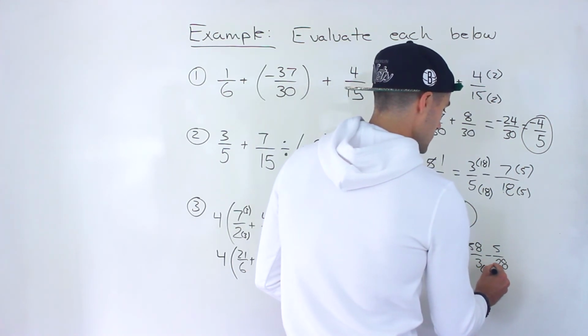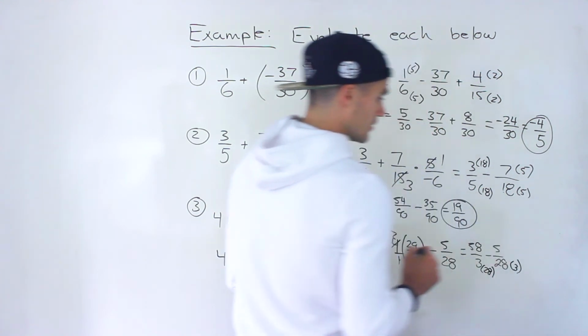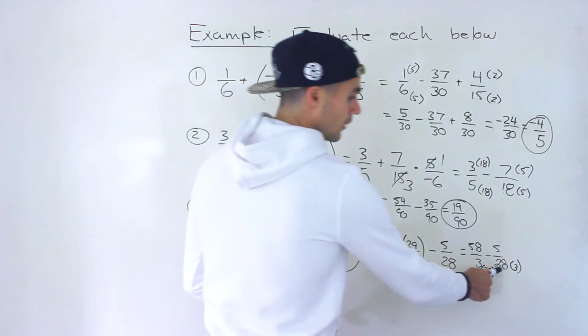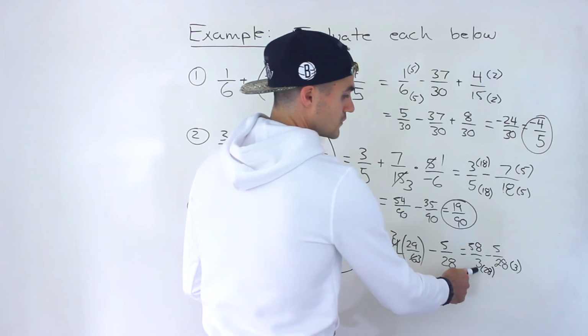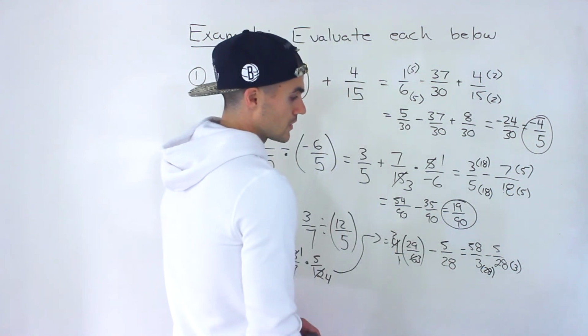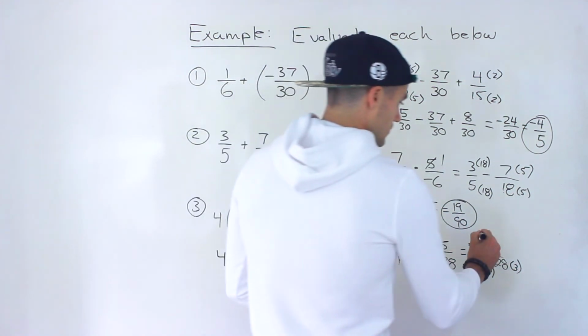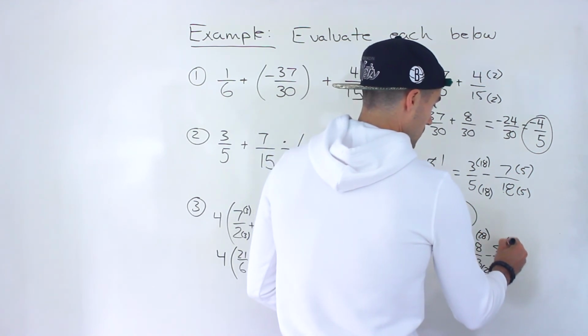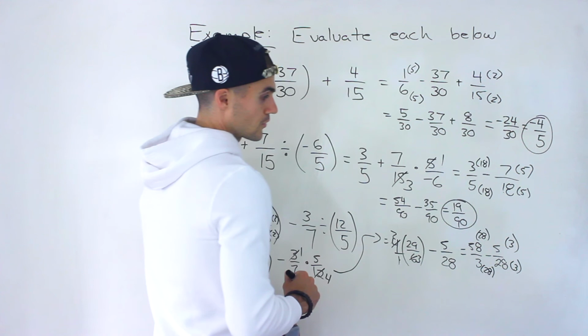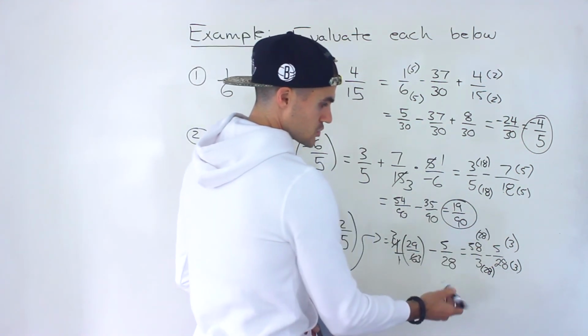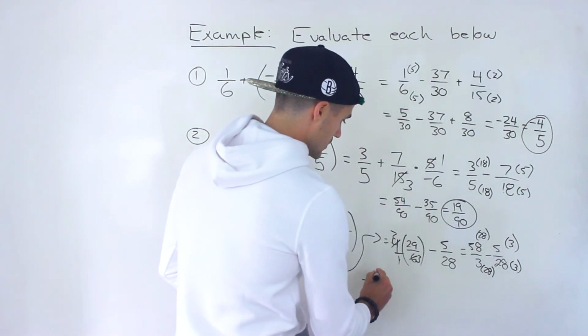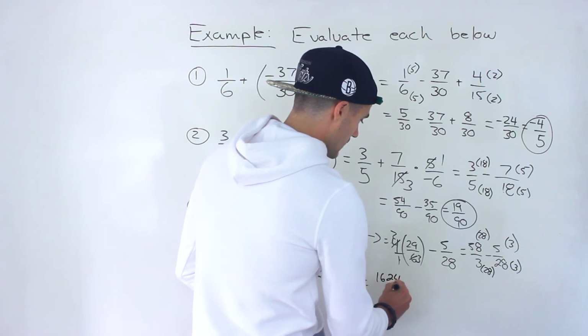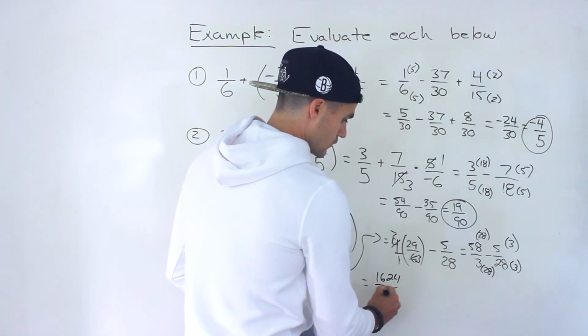We'd have to multiply this by 28 and then this by 3. I was thinking about doubling the 28 to 56, but 56 doesn't divide by 3, right? So that means we'd have to multiply this by 28 and then multiply this by 3. And then when you do 58 times 28, that would give you 1624. That's going to be over 84.